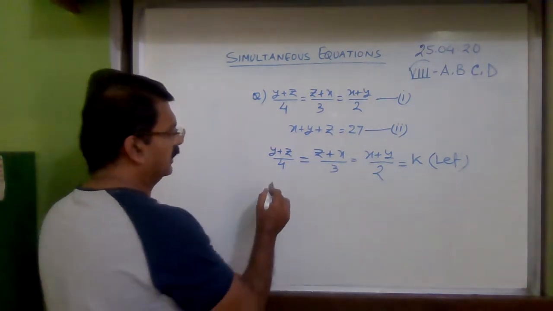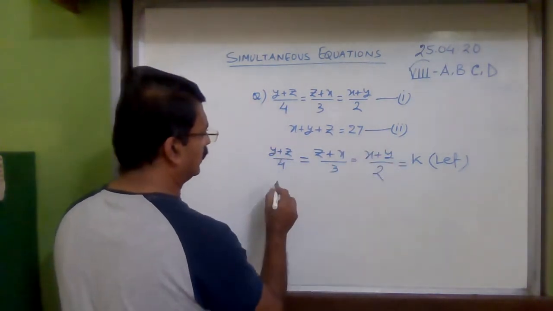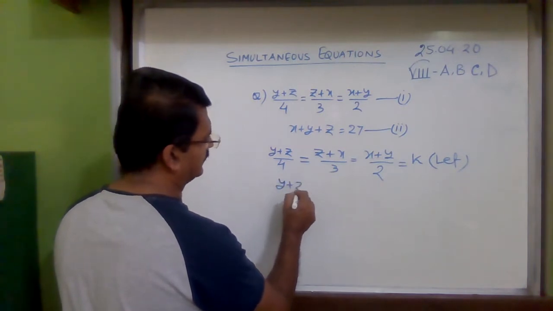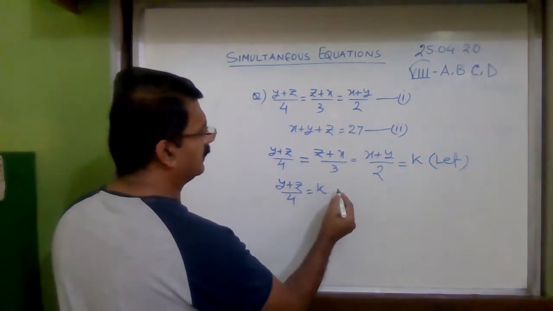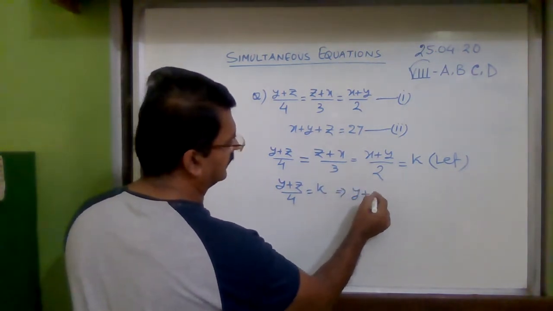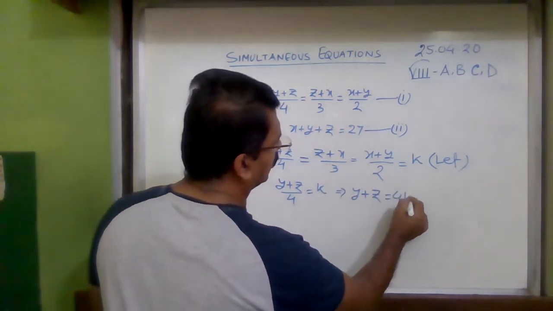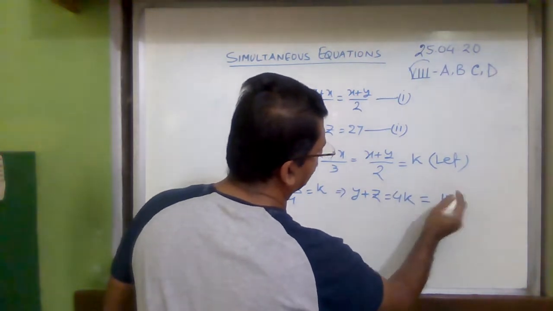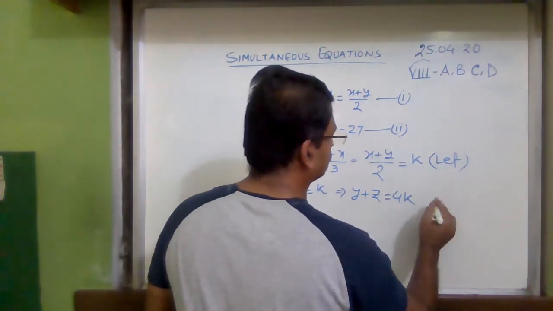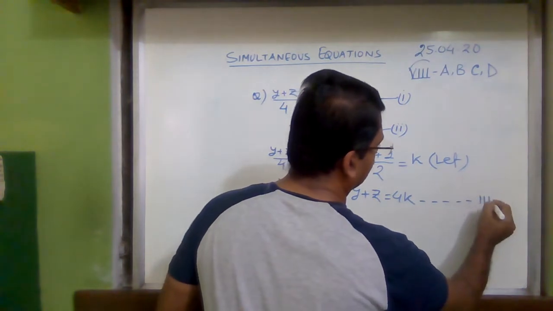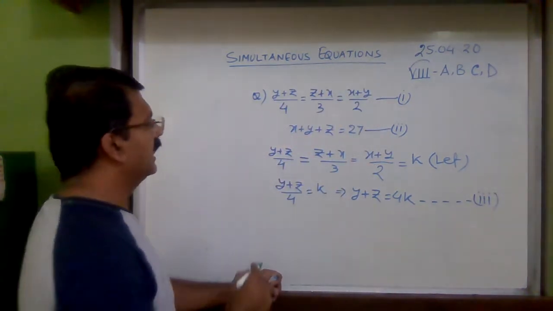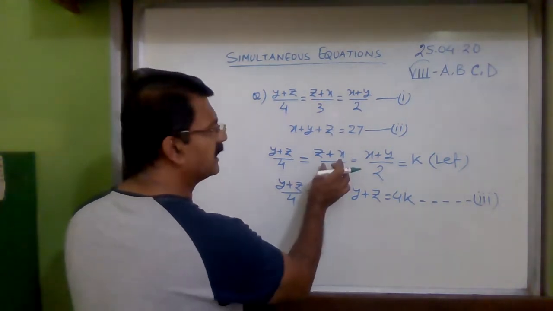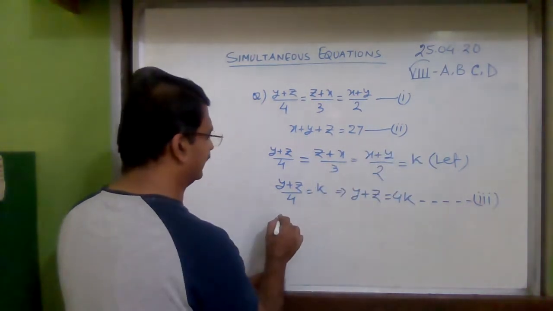Now you see, the first part is equal to k. That means y plus z upon 4 is equal to k. If you cross multiply 4, then you will have y plus z is equal to 4k. Suppose this is equation number 3. Y plus z is equal to 4k. Now the second part, that is z plus x by 3 is also equal to k.